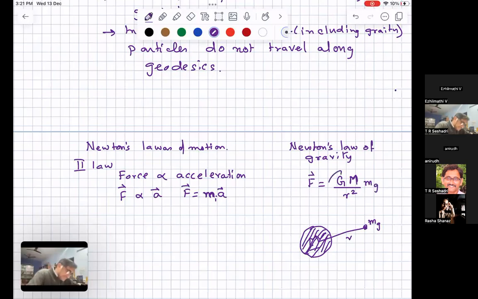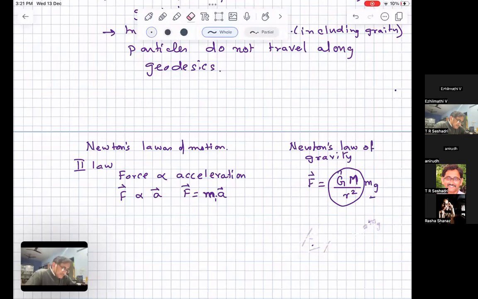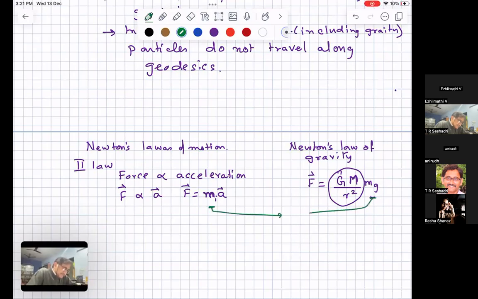So it means that this creates a field, and the test particle responds to this field through this parameter, which is called gravitational mass. Now, on the face of it, there is no reason why this mass and this mass should be the same.